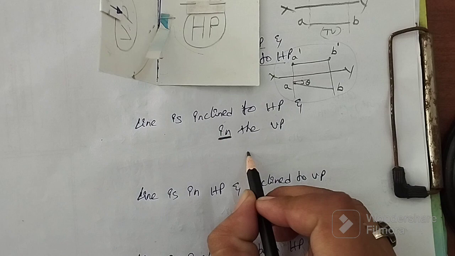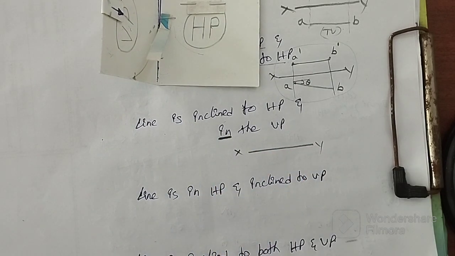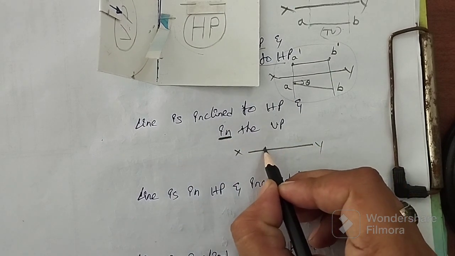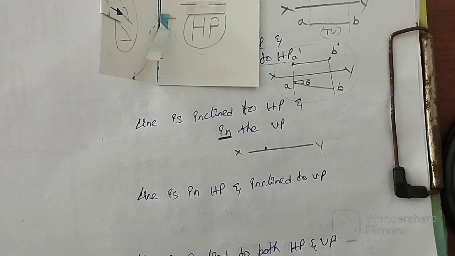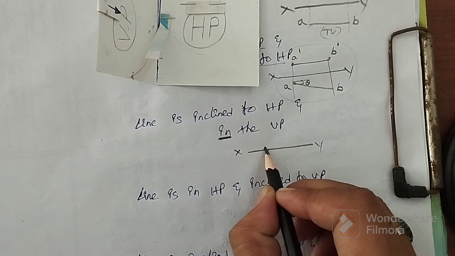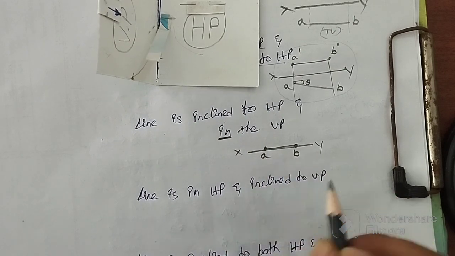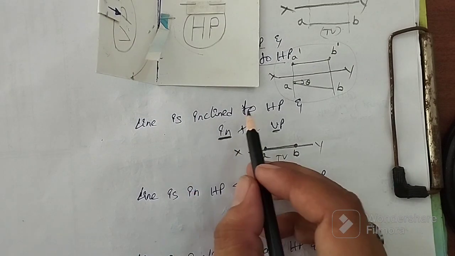So if this is my XY, as they're saying that the line is inclined to HP in the VP, means we'll begin here. Since it will begin here, since it is in VP, here you'll have the top view A comma B. This will be my top view, inclined to HP.